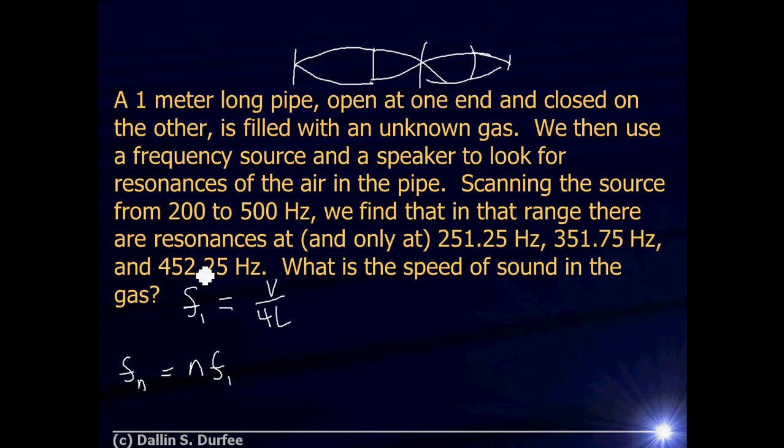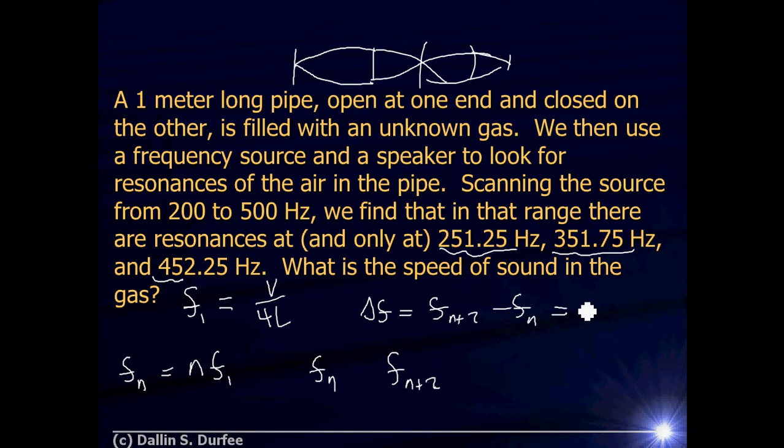And so we can say, well, let's say this frequency right here is the nth harmonic. Let's call that one the nth harmonic. I don't know what n is, but I'll call it f sub n. But this one right here is going to be n plus 2. It's just that n is going to be 2 bigger. It's the next harmonic, and we only get odd ones. So if I have these two frequencies, I can say the difference in those frequencies is f of n plus 2 minus f of n.